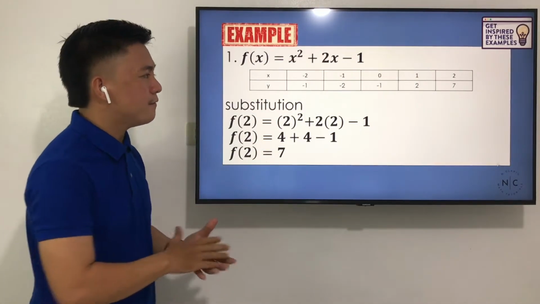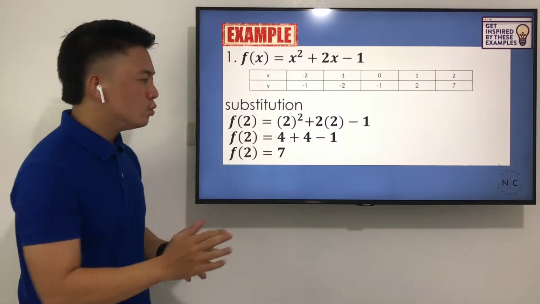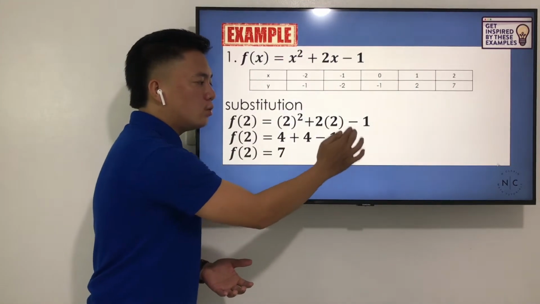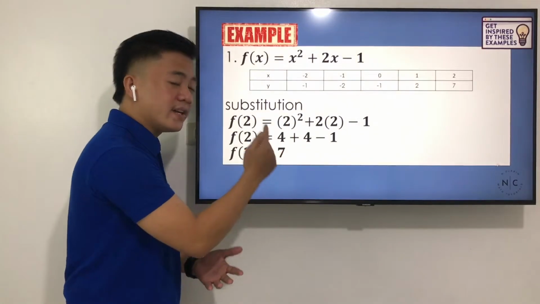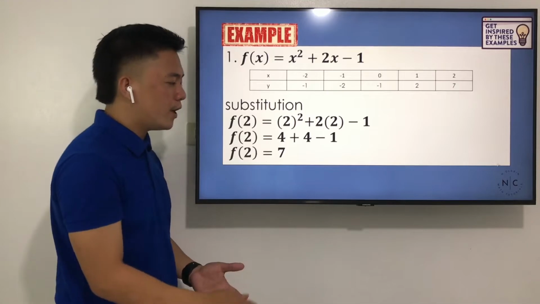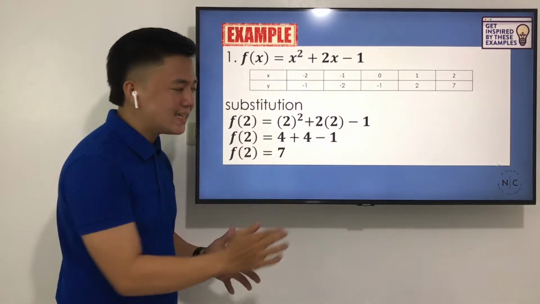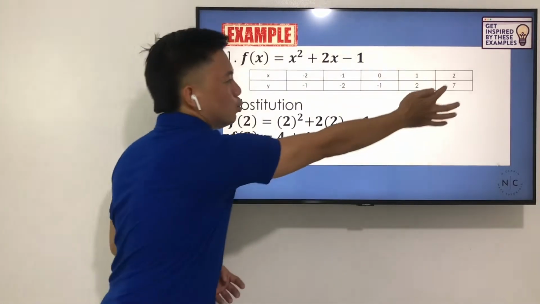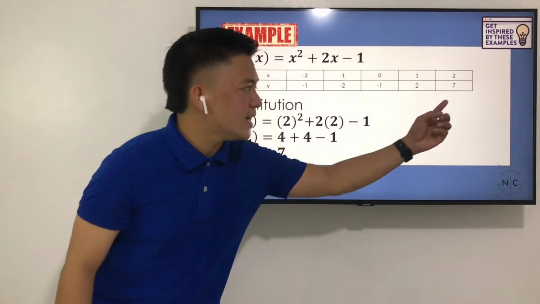Lastly, whenever x is 2. Substitute natin, 2 squared plus 2 times 2 minus 1. So 2 squared is 4, and then 2 times 2 is 4, and then bring down negative 1. 4 plus 4 is 8, minus 1 is 7. So whenever x is 2, the value of our y is 7.